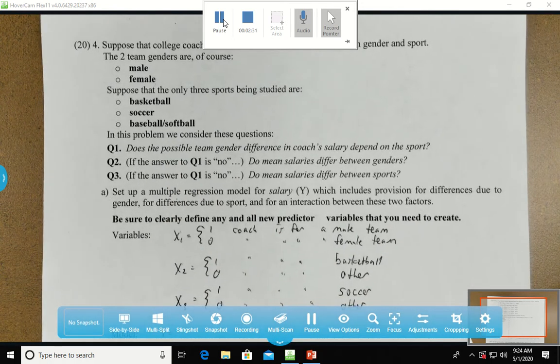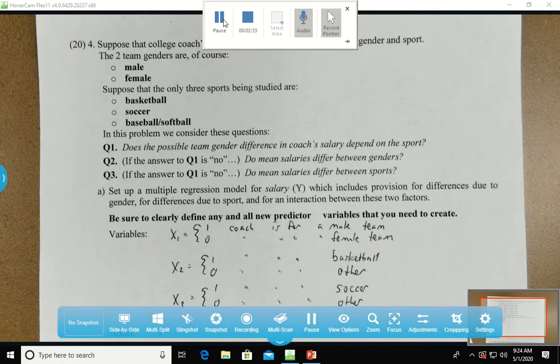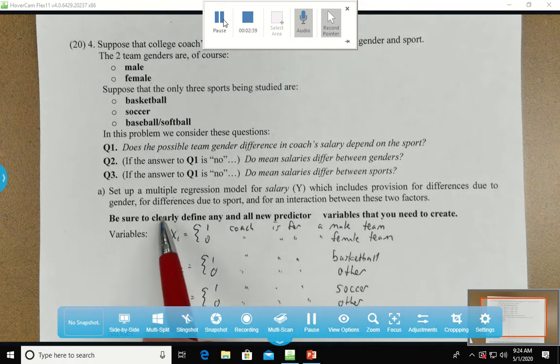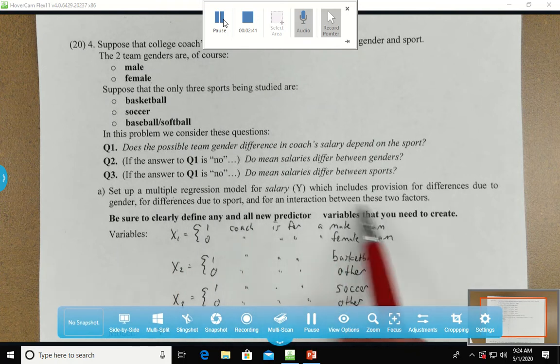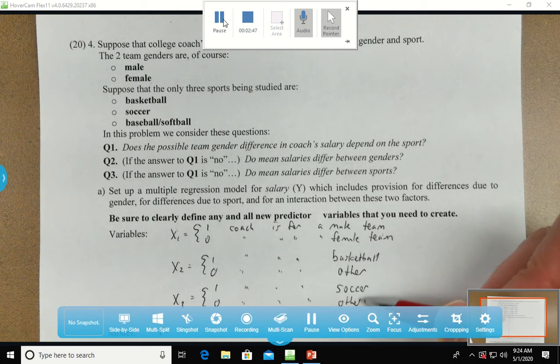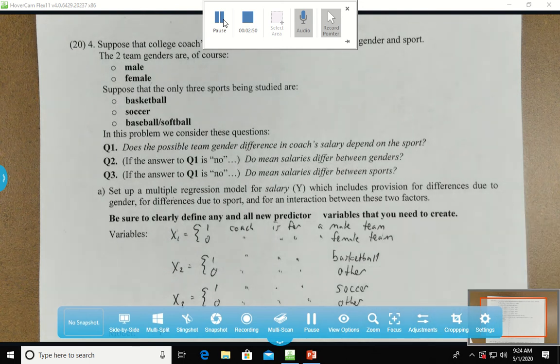All right, so let's set up our model. Because we want to provide for differences due to the sport and interaction between the two factors, you're going to have some multiplication. Since we have 1 indicator variable here and 2 here, 1 times 2 means we're going to have 2 interaction terms.